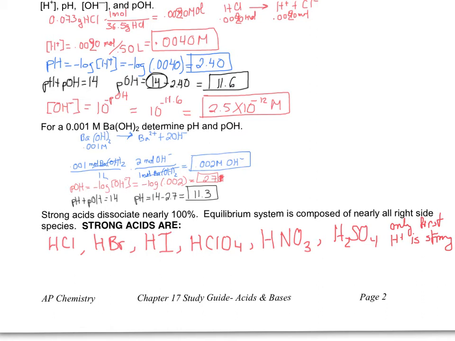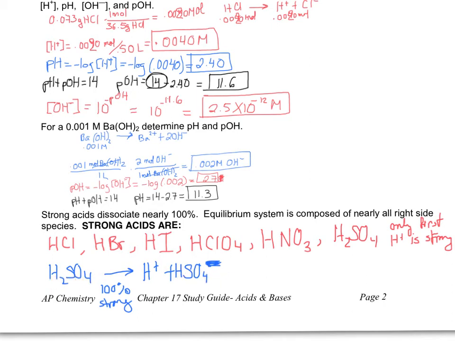So, for example, if I wanted to write the dissociation equation, H2SO4 dissociates 100% into H+ and HSO4 minus. This is 100% because it's a strong acid. So if you break this up, you remove an H+, and then what you'd be left with is HSO4 minus.